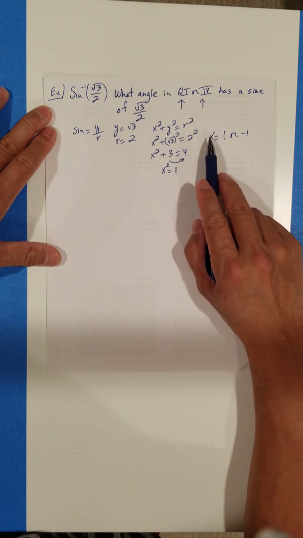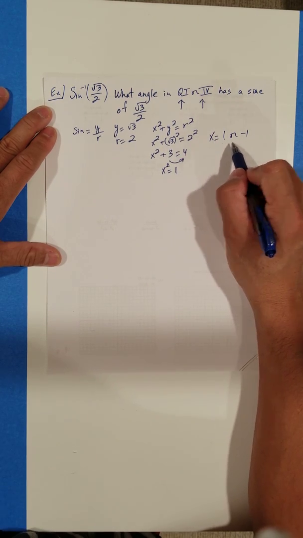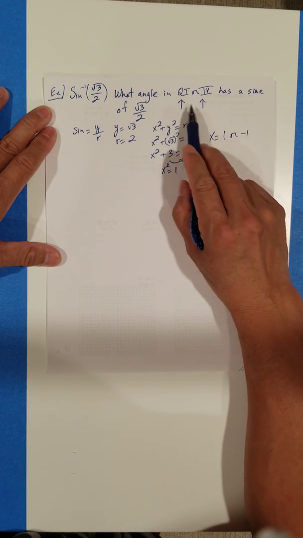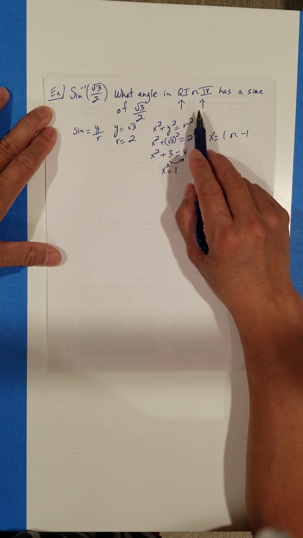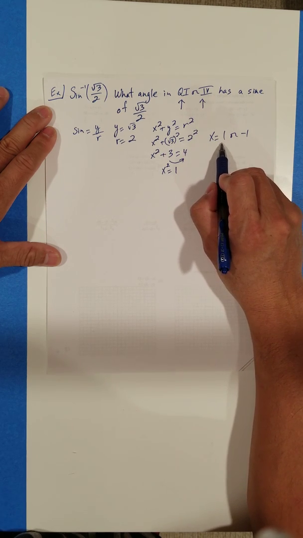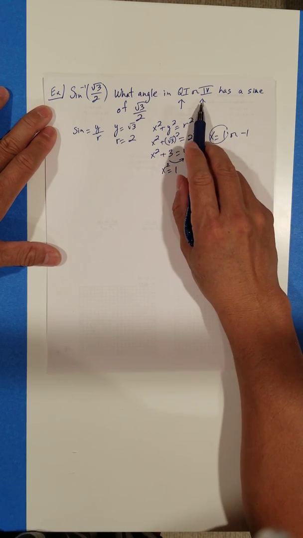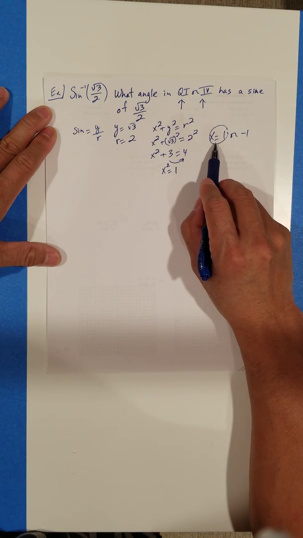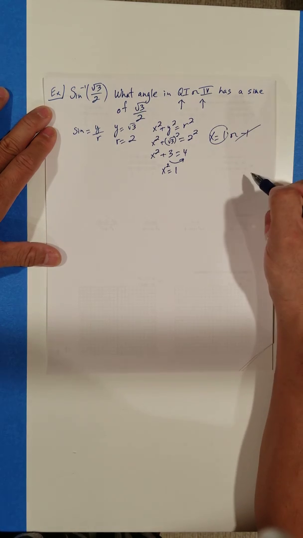If you're in quadrant 1 or 4, is x going to be positive or negative? If you're in quadrant 1, is x positive or negative? Positive. If you're in quadrant 4, is x positive or negative? Positive, okay? So this negative one, we throw away.